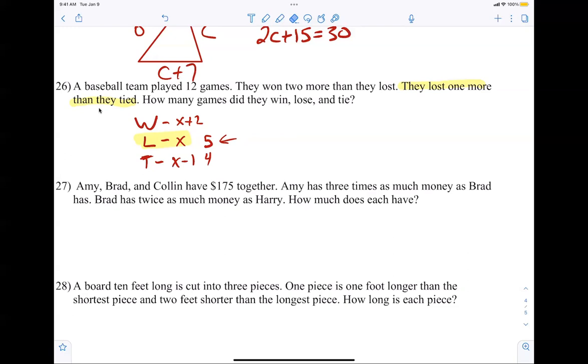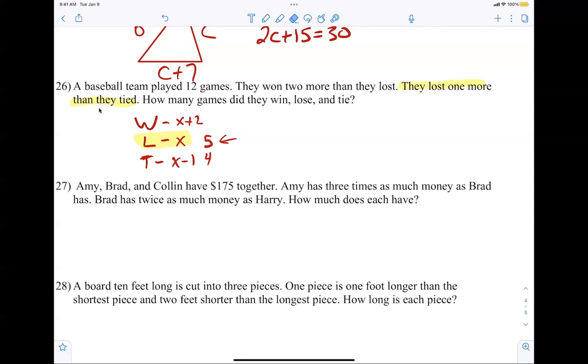Right now, they lost 5 and tied 4. Oh, that is correct. Yes. Why is it a Y? Because you don't have a variable for tied yet. That's what we're creating. So it's X minus 1.